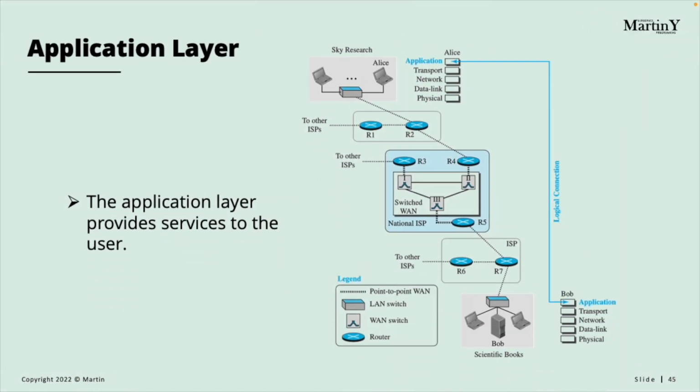Okay. So, as we discussed last time, there are 5 layers: physical, data link, networking layer, transport layer, and we have the application layer on the top. And this makes the application layer quite different from the rest of the layers, and I will explain this a little bit later.